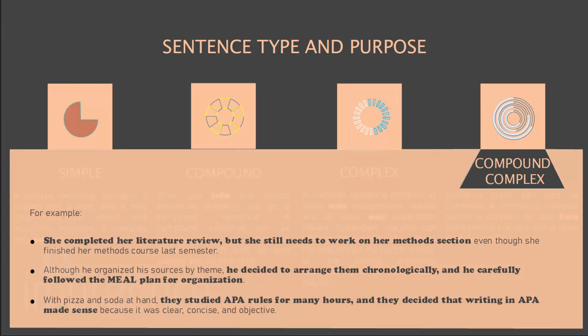For example: she completed her literature review, but she still needs to work on her methods section. Although he organized his sources by theme, he decided to arrange them chronologically and he carefully followed the meal plan for organization. Now, in the second sentence, you would be able to see the difference. "Although he organized his sources by theme" is a dependent clause.